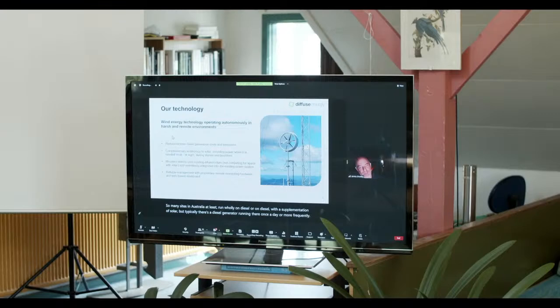So the idea was to offset some or all of that diesel. The other great thing about telecommunications is we can mount directly onto existing infrastructure. And as we all know, wind is quite complementary with solar. I don't think I'm telling anybody anything new there. And we had remote monitoring so we can see what the turbines are doing in real time.